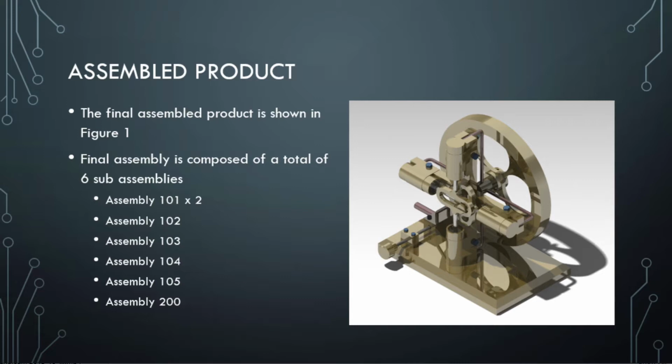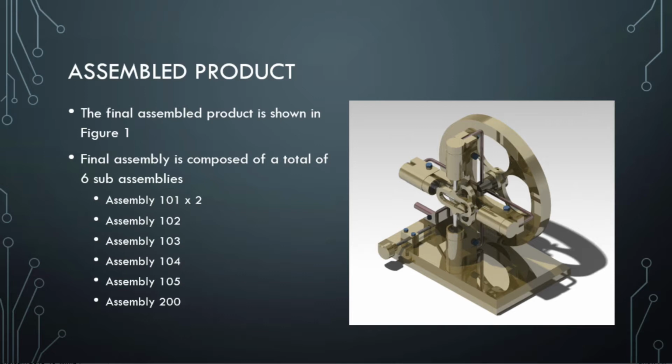Moving on to the final assembly, you can see this involves assembly number 200, assembly number 102, and 2 of the assembly number 101s. Assembly number 102 with the flywheel and the crankshaft goes through the crankshaft bearing of assembly number 200.